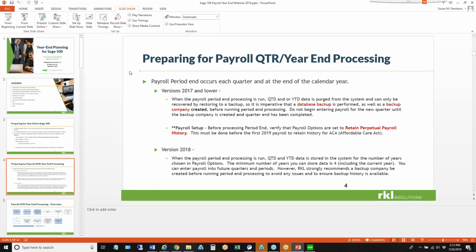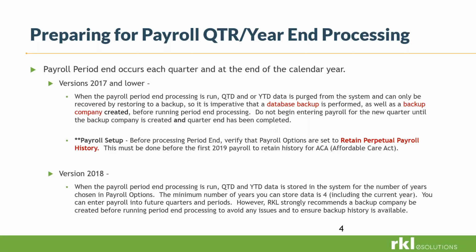Okay. Now, on version 2018, things work a little bit differently. When payroll period end processing is run, quarter-to-date and year-to-date data are retained in the system, and they remain for the number of years that you have chosen to retain history in payroll. So this works a lot like the other modules that you're used to.